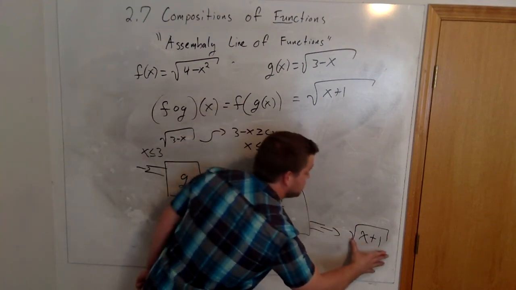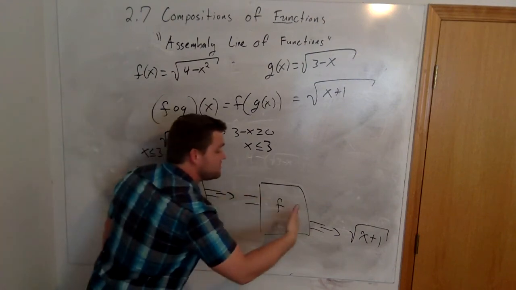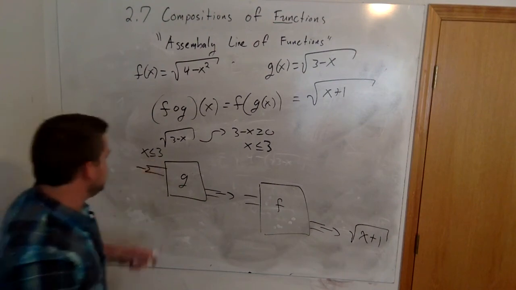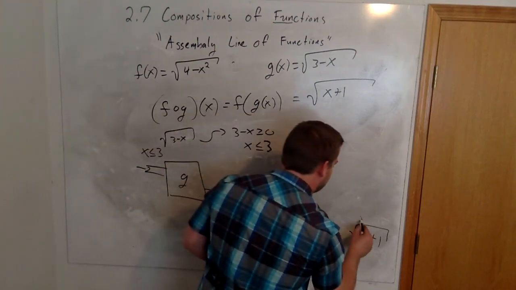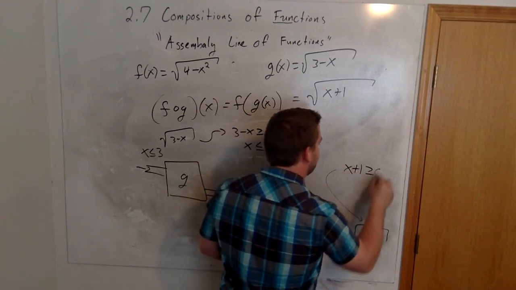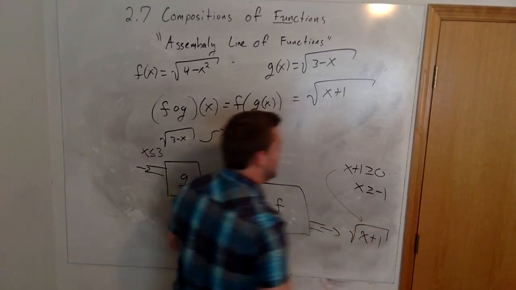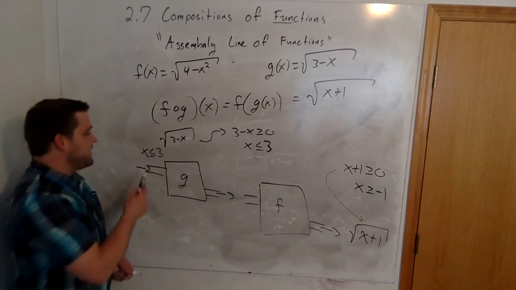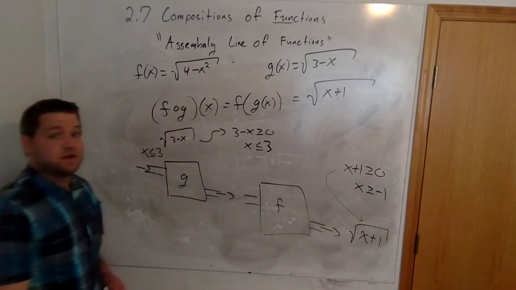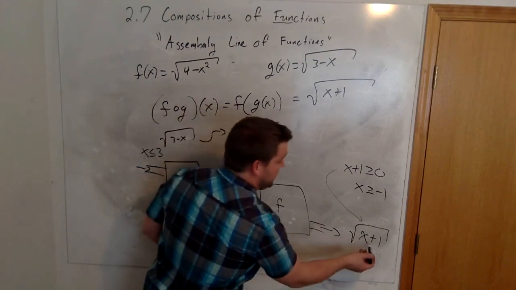When I check the domain of the end result, that's making sure that the outputs of g can go into f. So I have to check two places. I need x to be less than or equal to 3, but I also need x plus 1 to be greater than or equal to 0, or x greater than or equal to -1. So here's the domain of the inner function, and here is the domain of the end result.